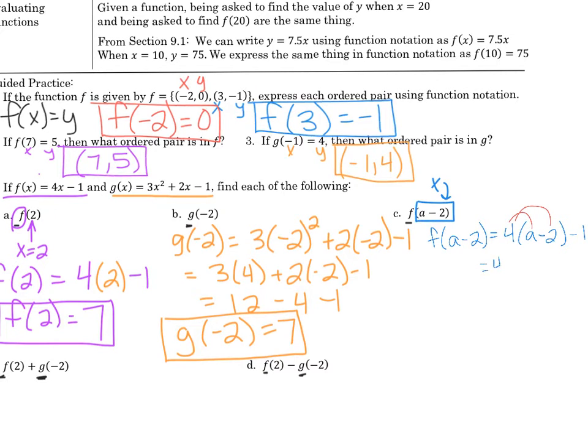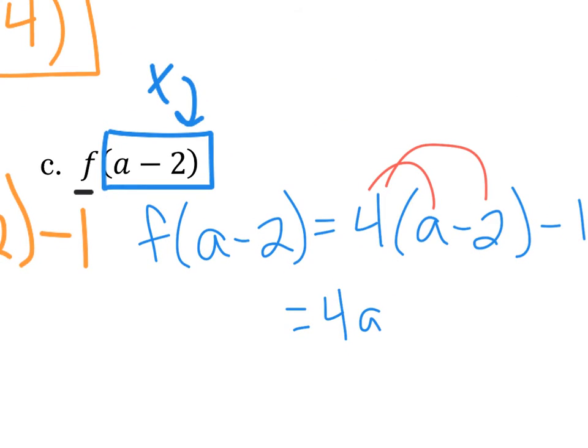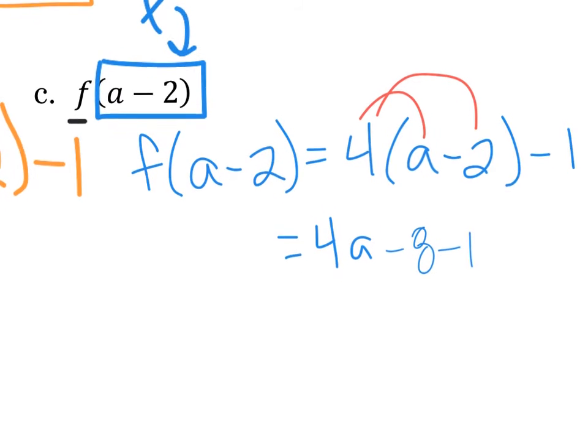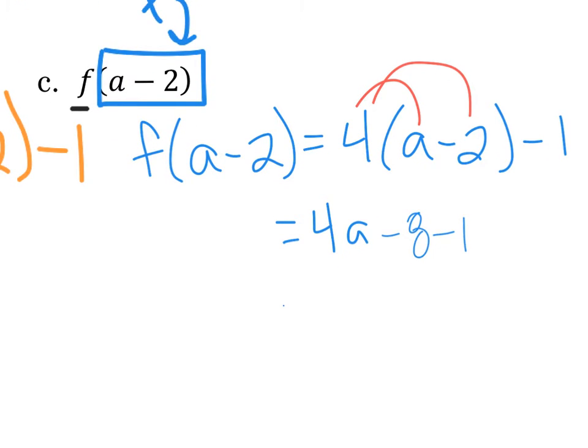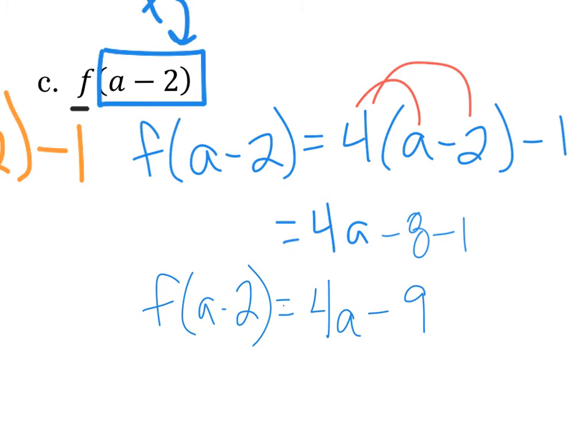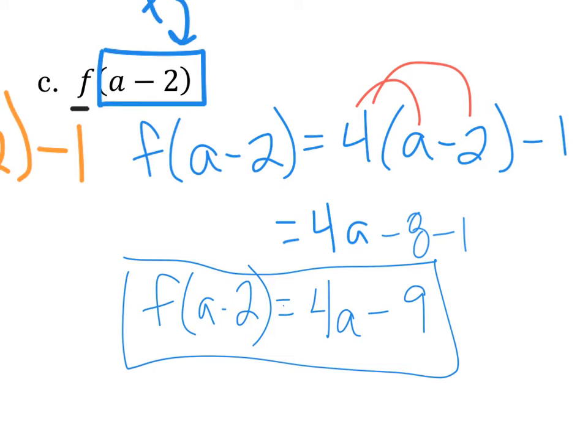So we have 4a minus 8 minus 1, which is 4a minus 9. I can't simplify any farther, so that's my final answer. It would help if I could draw straight lines, you know? But alas, I can't be perfect.